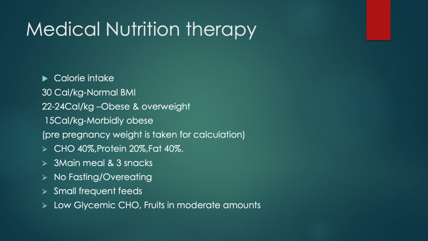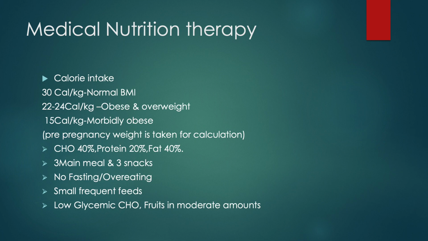So it is better to take a diet history of the woman and ensure that she gets adequate calories in the required proportion, and that it contains sufficient vitamins and minerals. The calorie intake will depend on the body mass index of the woman.